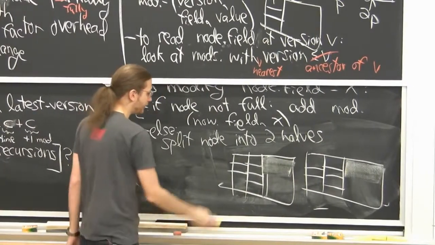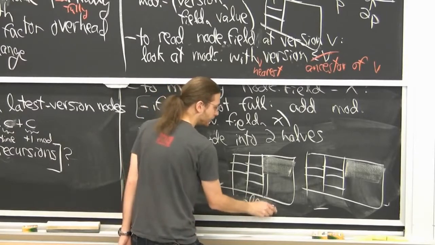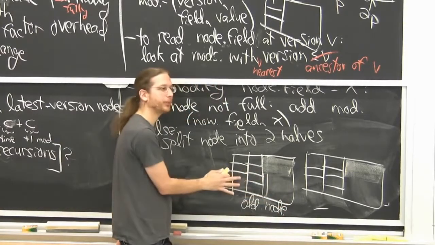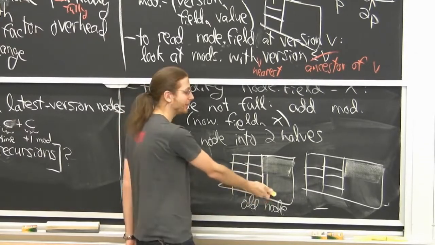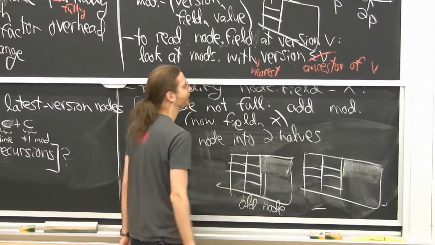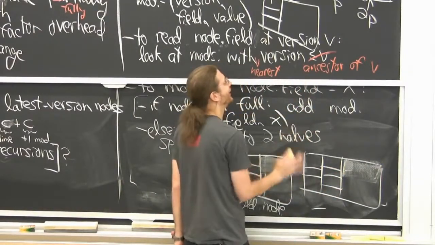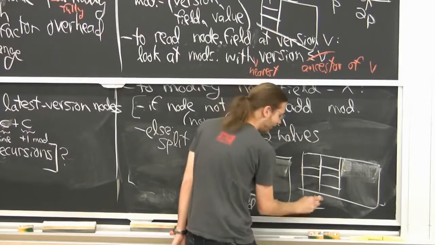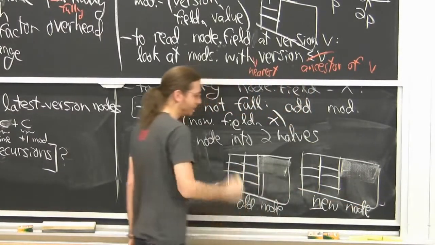Basically, what I'd like to do is have on the one hand, I want to have the old node. It's just where it used to be. I've just removed half of the mods. The second half, the later half. What does that mean? I don't know. Figure it out. It's linearized. I haven't thought deeply about that. Now we're going to make a new node with the second half of the mods.